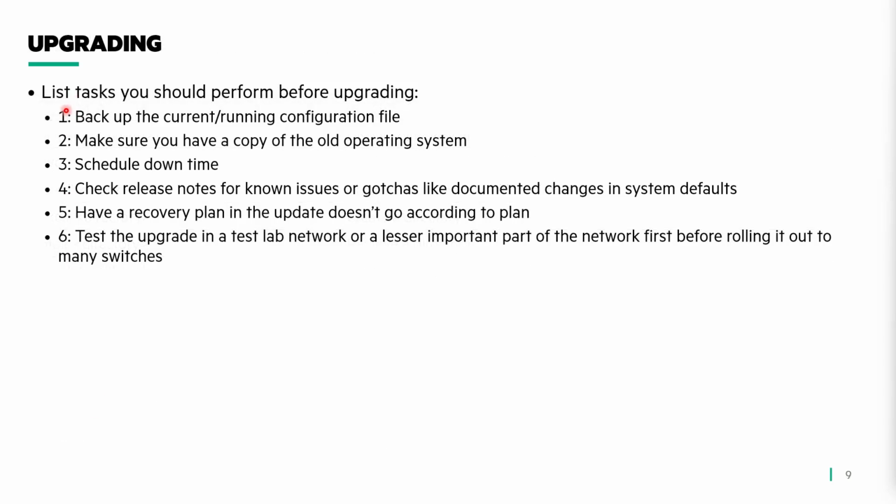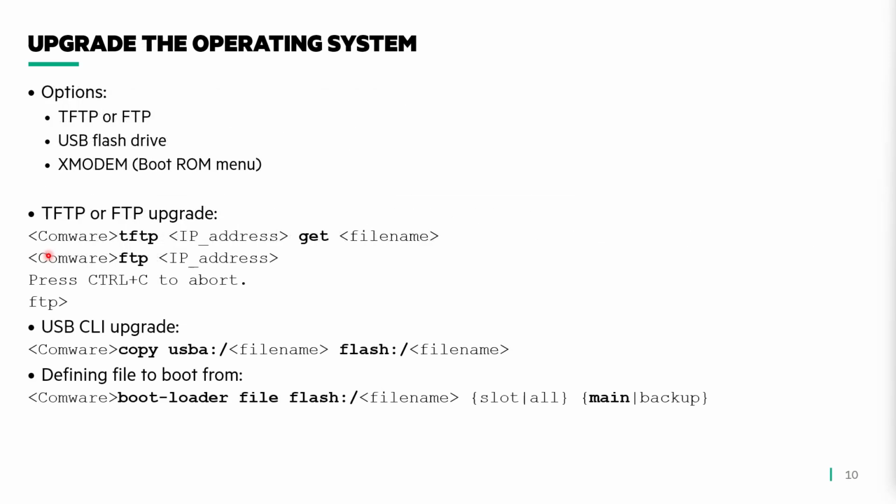You can do upgrade. These are the things that you need to be aware of when you do the upgrade. And eventually you will do the upgrade based on either FTP, TFTP, USB flash, or serial. This is the last resort because that is very slow in bits per second, it depends. But this is if you have, say, a corrupted flash, corrupted file system.